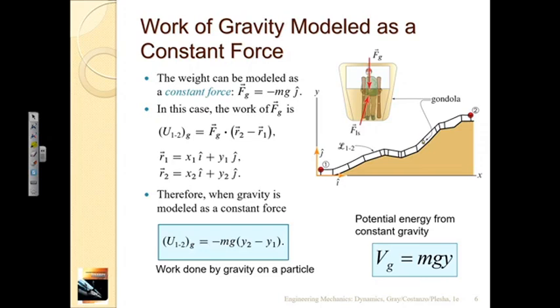So this integration just becomes a multiplication. Mu k mg cos theta I dotted with d, which is h over sine theta in the I.